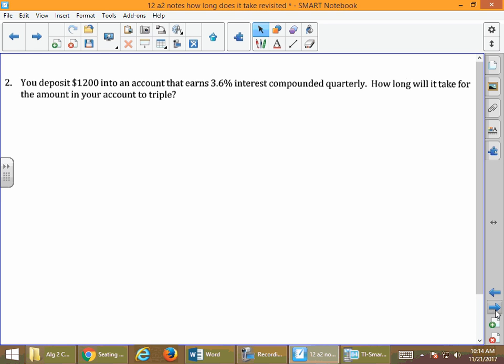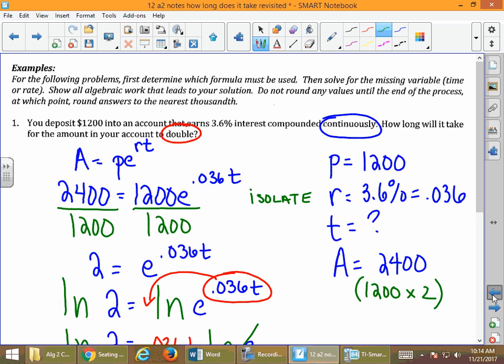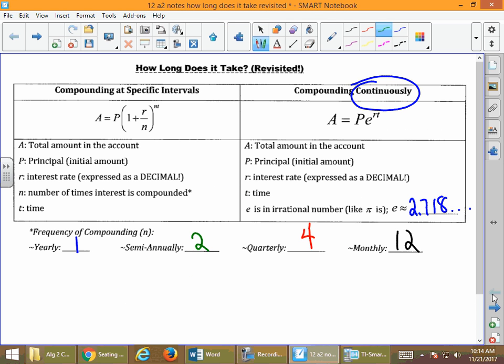Problem number 2. We're going to deposit $1,200 into an account that earns 3.6% interest compounded quarterly. I emphasize quarterly because that's an important word in this problem. It tells us which of our 2 formulas at the top of our page here we're going to use.